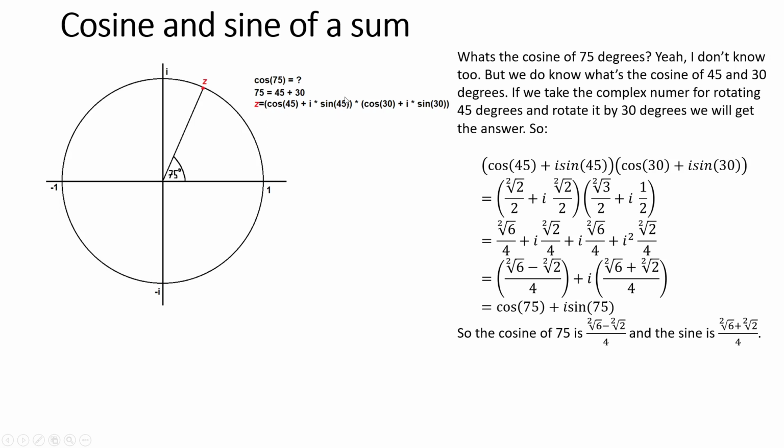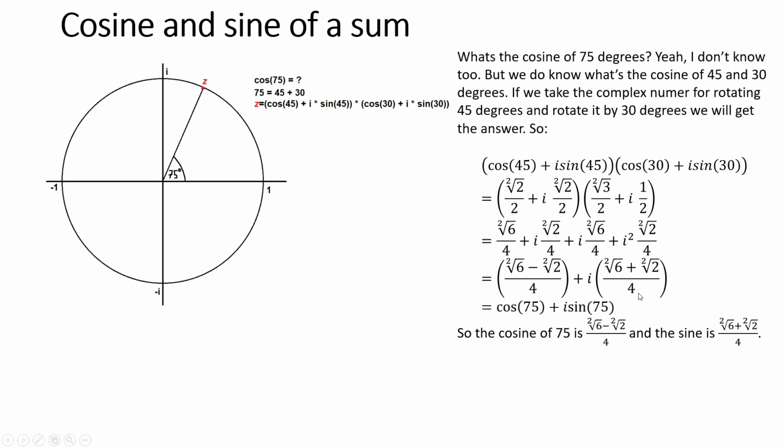So here's the number for rotation of 45 degrees, and again by 30 degrees. Here we have the algebraic form, and calculating all of this, it turns out that the cosine of 75 is the square root of 6 minus the square root of 2, divided by 4, and the sine is the square root of 6 plus the square root of 2, divided by 4.